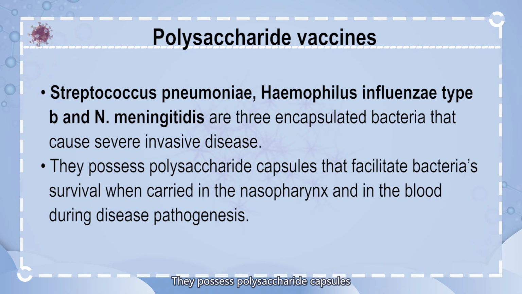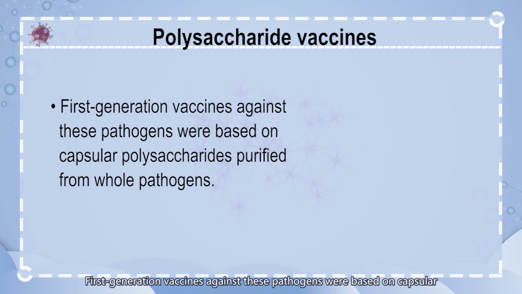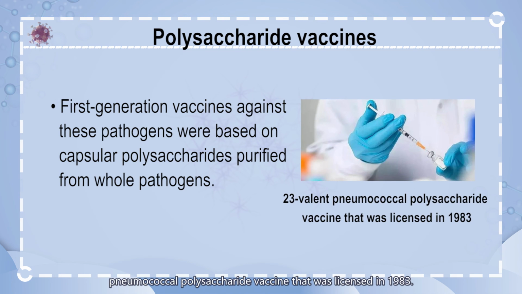They possess polysaccharide capsules that facilitate bacterial survival when carried in the nasopharynx and in the blood during disease pathogenesis. The first generation vaccines against these pathogens were based on capsular polysaccharides purified from whole pathogens, such as the pneumococcal polysaccharide vaccine that was launched in 1983.